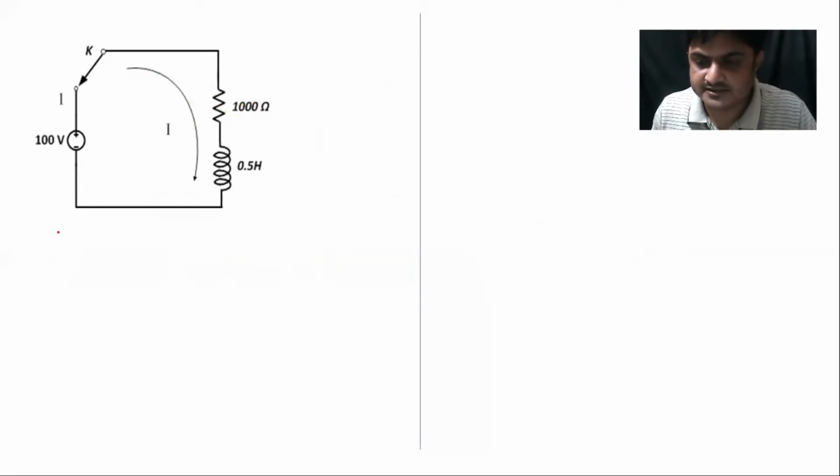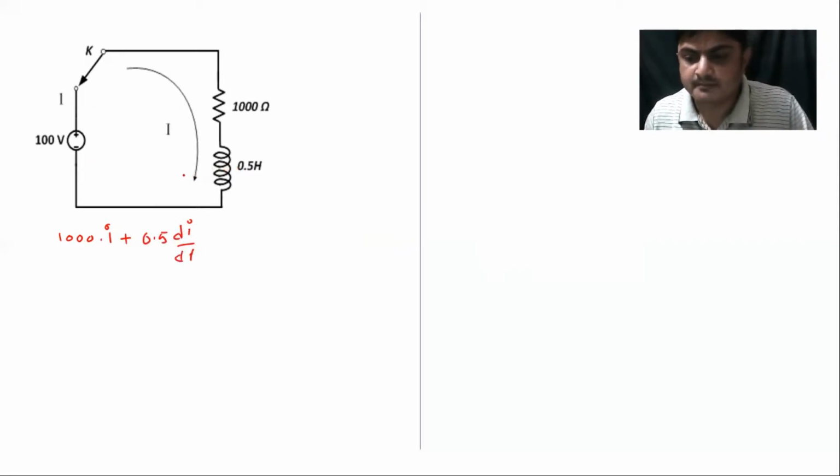You are having 1000 ohm multiplied with your current I, plus now you have to find the voltage across the inductor, that is L di by dt. So this is 0.5 di by dt minus 100. If you take the minus 100 to the right hand side, you will get 100.